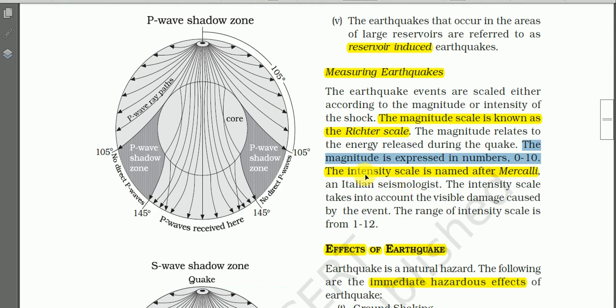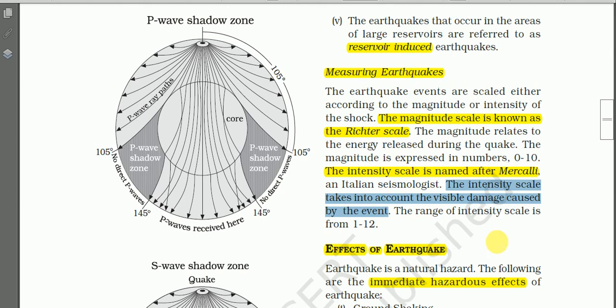Next we have the intensity scale. The intensity scale is named after Mercalli, an Italian seismologist, and it takes into account the visible damage caused by the event.